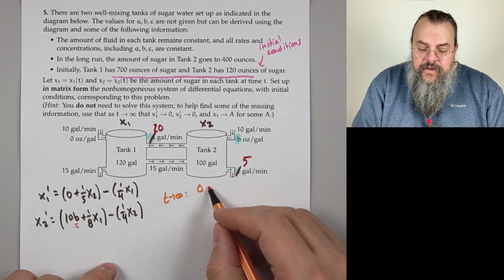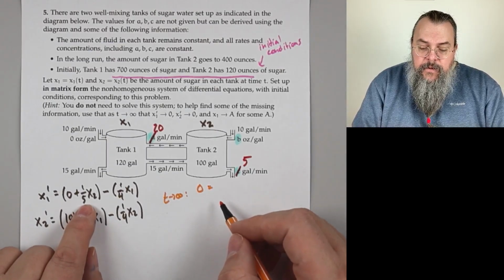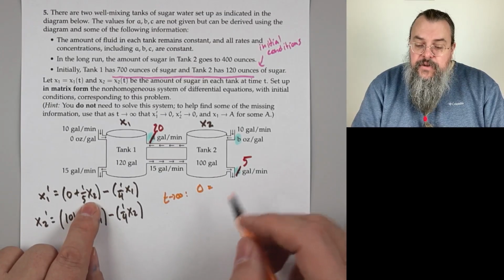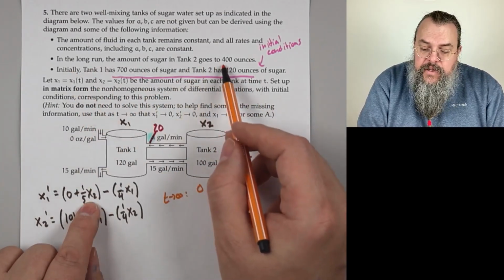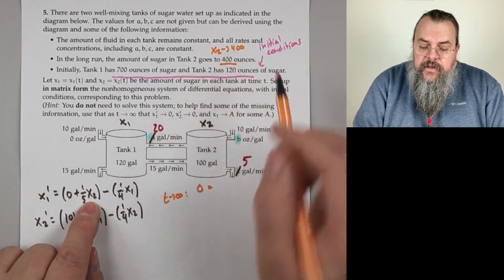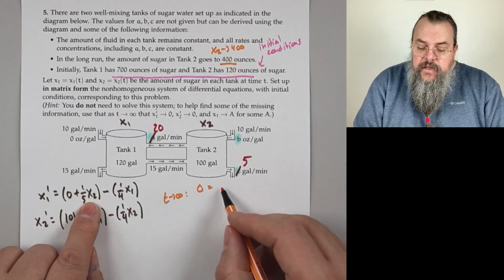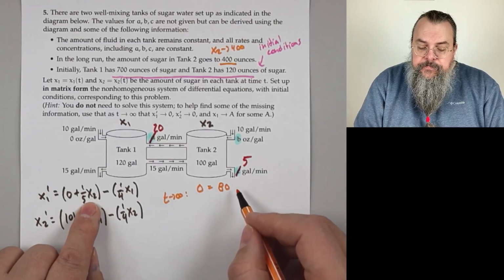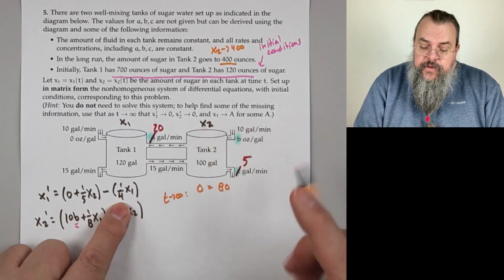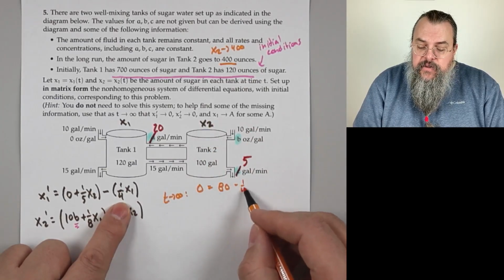All right, so 0 equals 1/5. Well, how much does the sugar go to in tank 2? That's the second bullet point, which says x2 goes to 400. So 1/5 of 400 is 80. 1/4 of x1: x1 goes to something, we don't know what, so we can say 1/4 a.